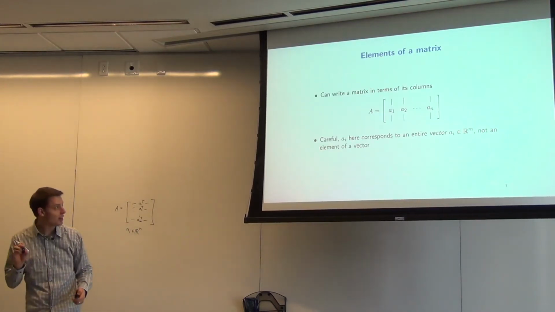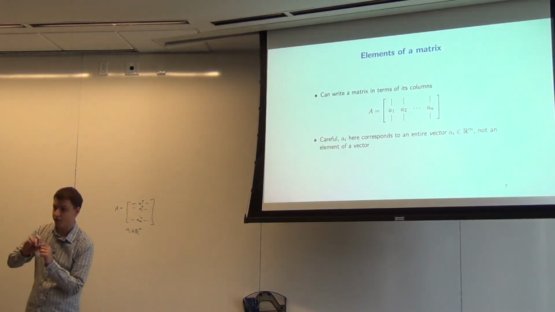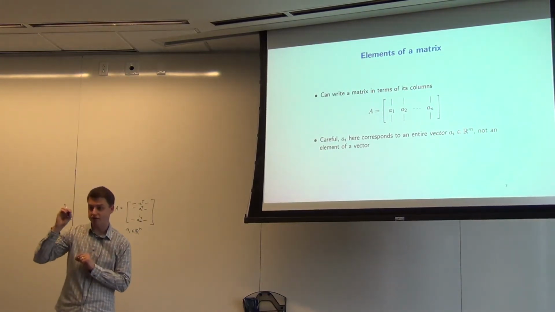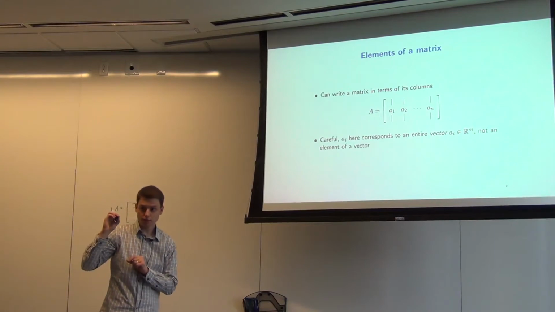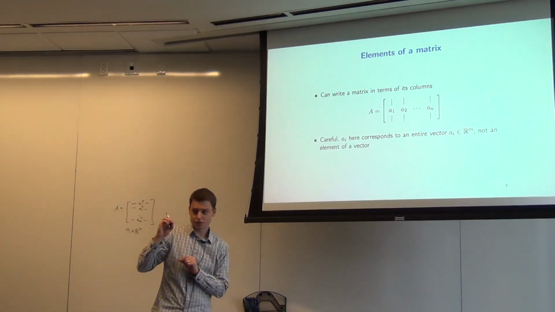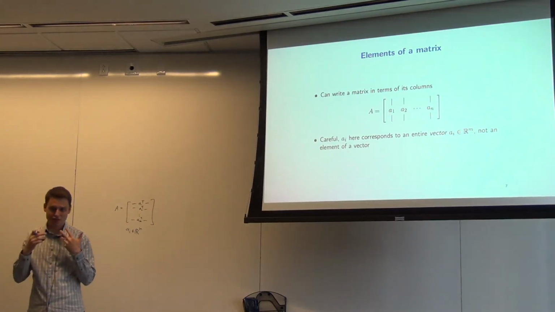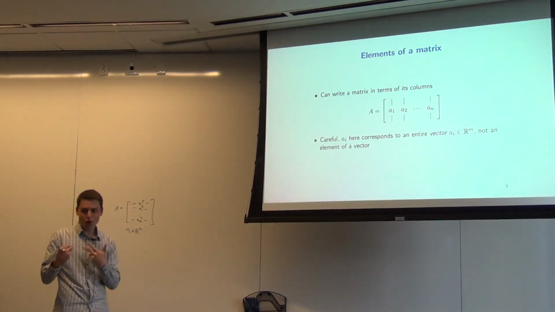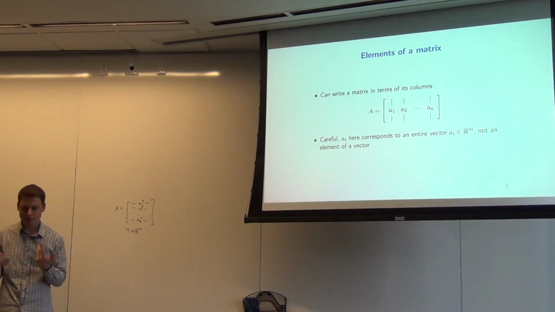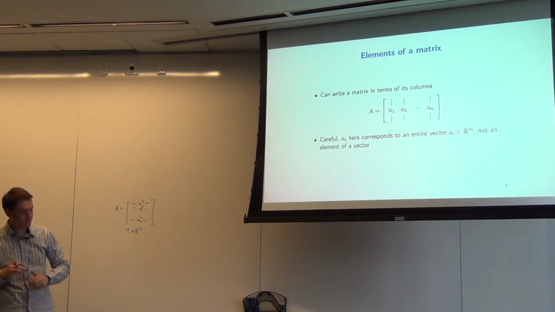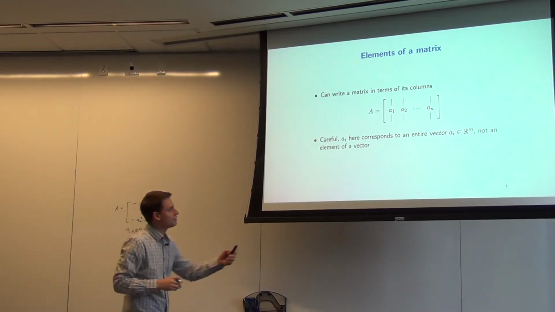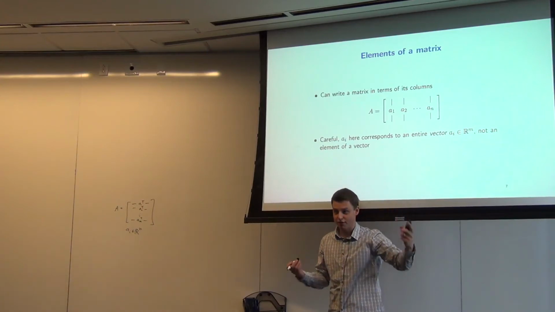In the previous slide, we were talking about the columns as vectors, which are m-dimensional. So depending on how we write it, the vector Ai will actually be a different vector.